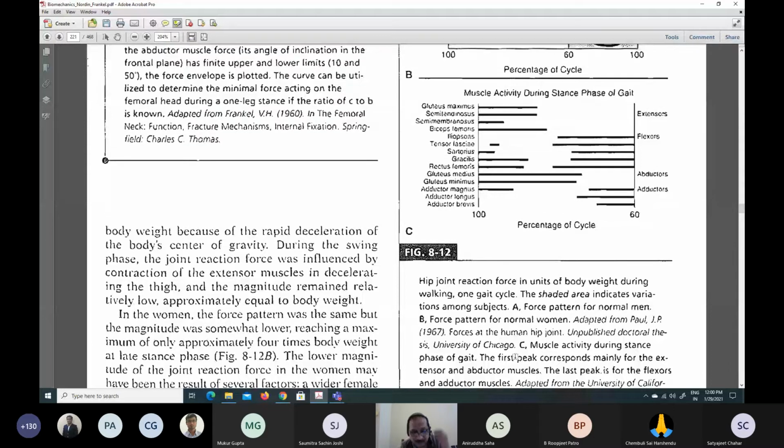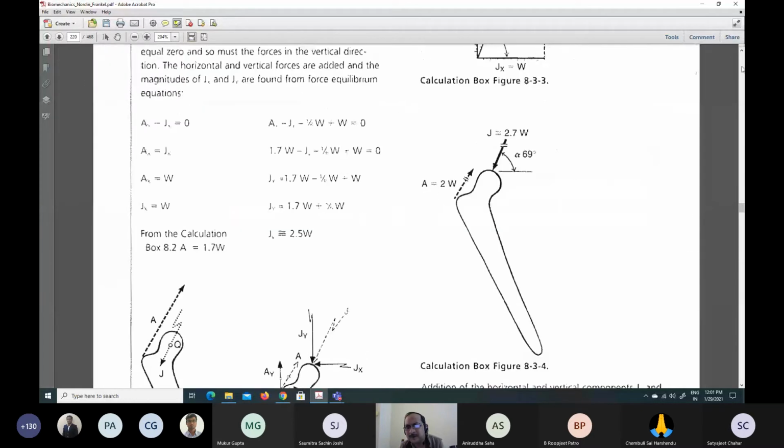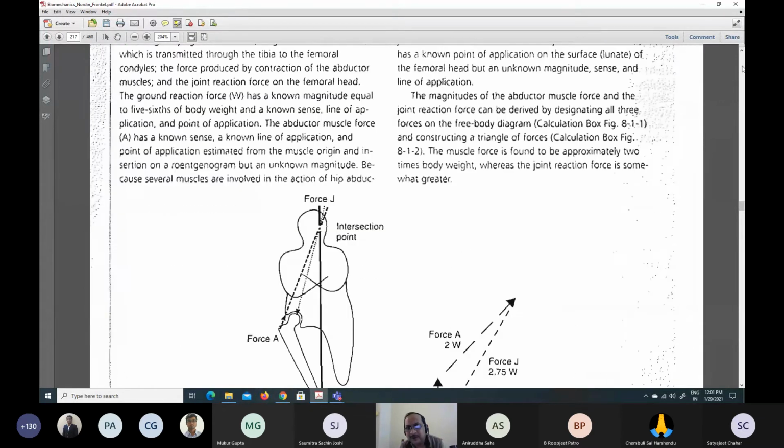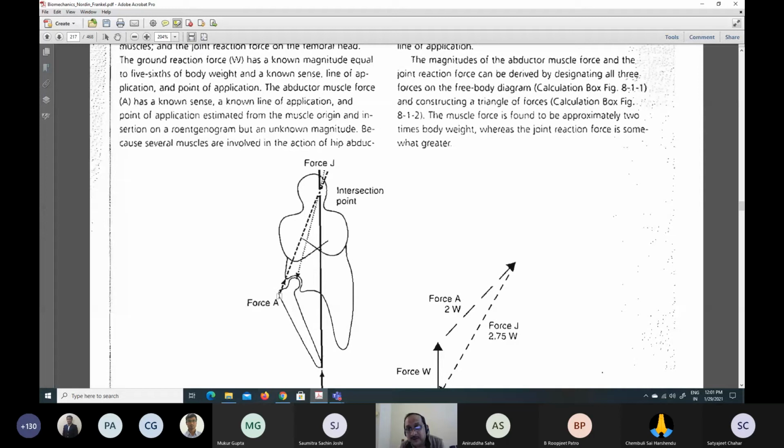So the abductor, if you look into the hip, if you look at the femur, for example, basically the abductor muscle force, I was perhaps telling you something about it. If I go back to the first set of calculations, this is the action of the abductor muscle.